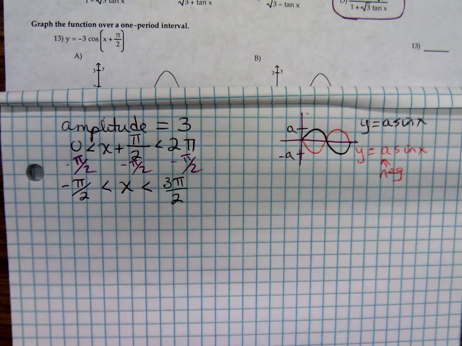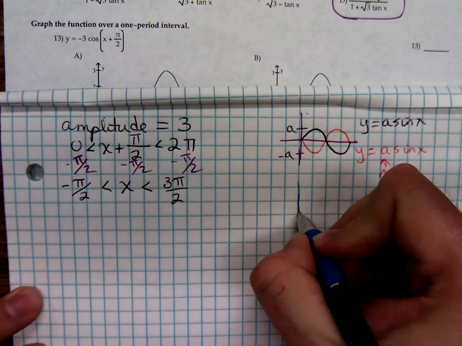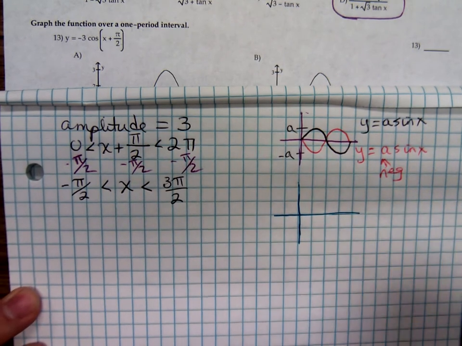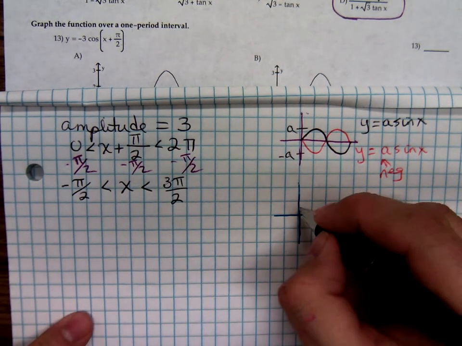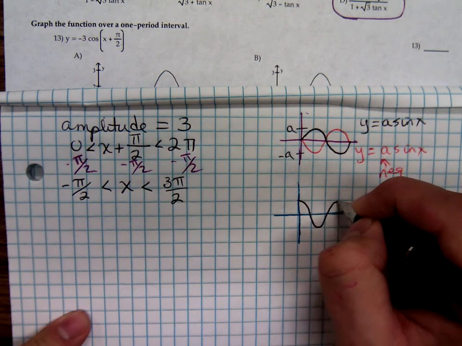And why am I going through all that detail on sine? Because that's not what we're graphing. We're graphing cosine. So what does the graph of cosine look like? Let me see. This is just what I'm thinking. Cosine starts up here, does something like that.